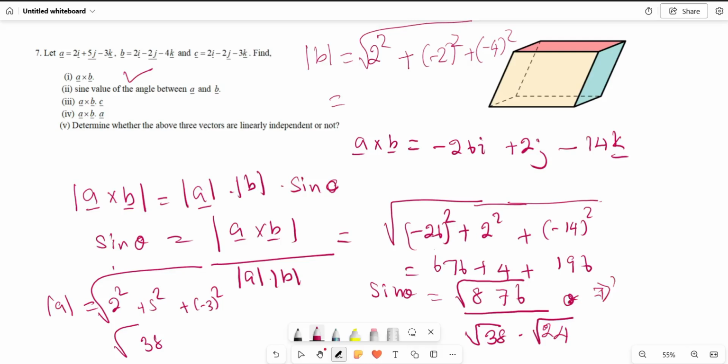So the sine theta value is 876 divided by 38 and 24. You can divide by 12 here. 12 to 12, 6. 72 into 15 is there. 156 means 12, no, 7.